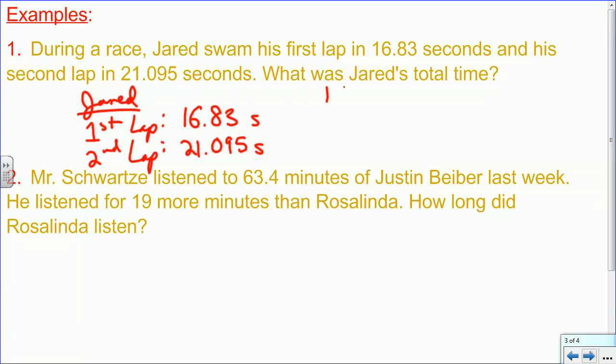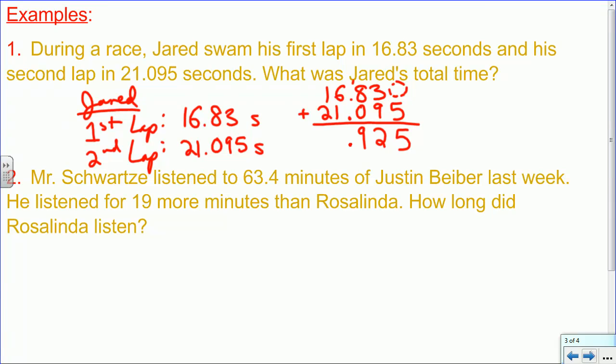Again, we're going to line up the decimals. So 16 and 83 hundredths. And I'll line up the decimals, line up the place values, so the tens place, 21 and 95 thousandths. And we're adding, like we said. So on the far right, we have 5 plus, there's an imaginary 0 that they didn't have to write, but we can write it in. 5 plus 0 is 5, 9 plus 3 is 12, carry a 1, 8 plus 1 plus 0 is 9.